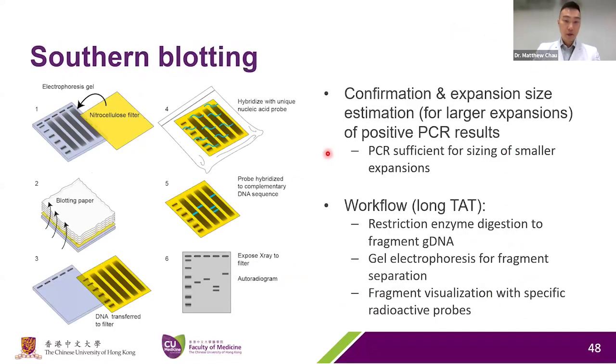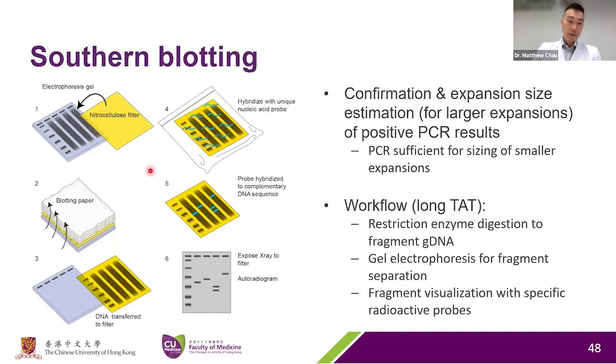In those very large cases, we cannot size it correctly using PCR methods. We can then use Southern blotting, which is a gel-based method. We can run the expanded products through this gel, and we can hybridize the DNA with our complementary or target sequence.